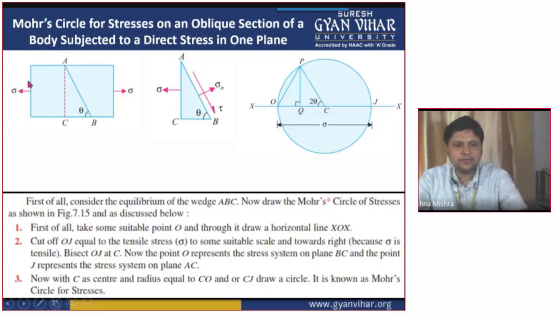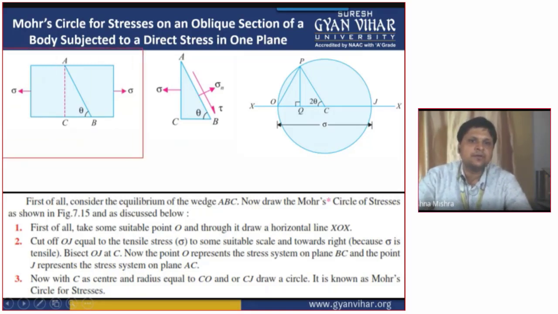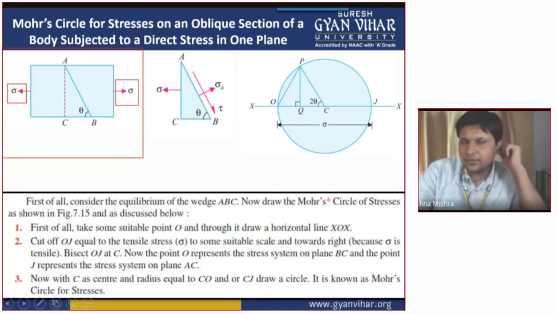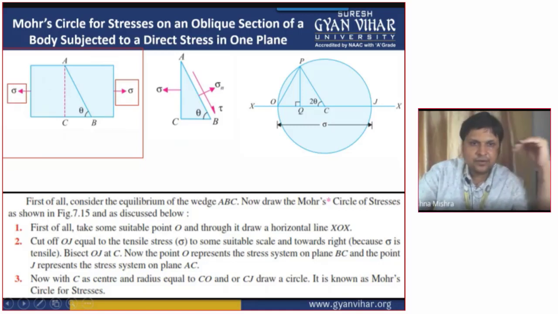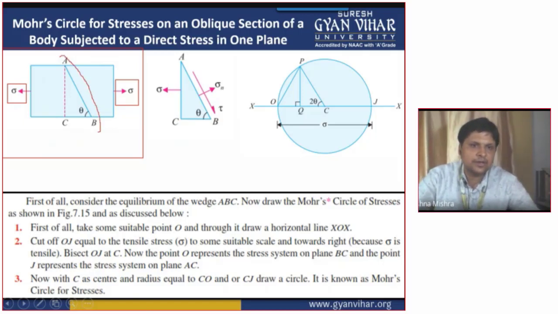Now, how will we draw? We are taking the first, simple case, in which you only have normal stress, and that also in only one direction. And you are asked, students, to calculate the stresses along any inclined plane AB, which is inclined at an angle of theta with the horizontal direction.